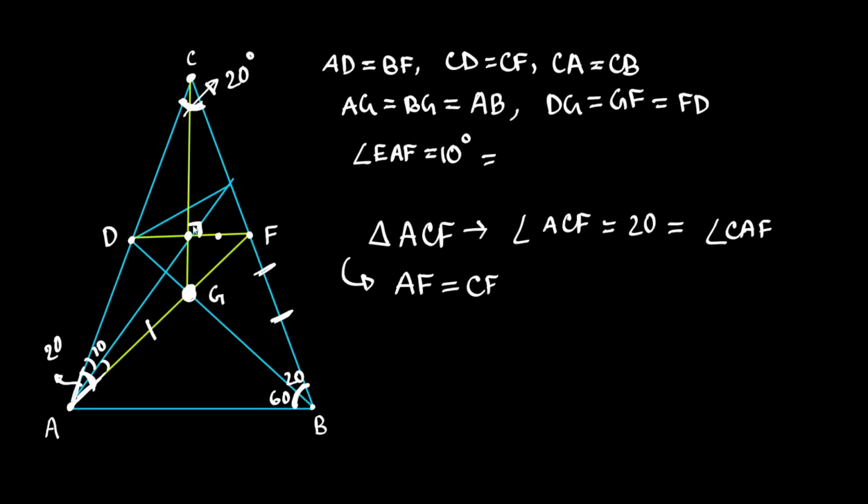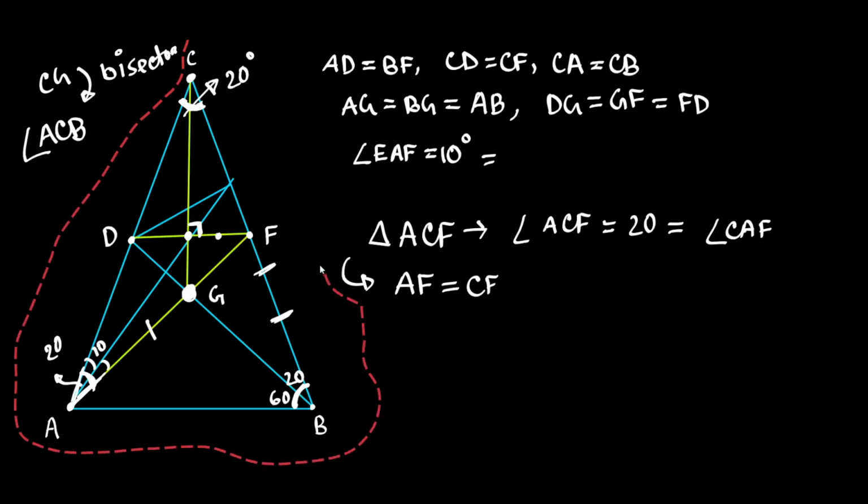But did we draw any perpendicular line? We just connected CG. So how did CG become the bisector of ACB? Okay, let's put this debate in another slide.